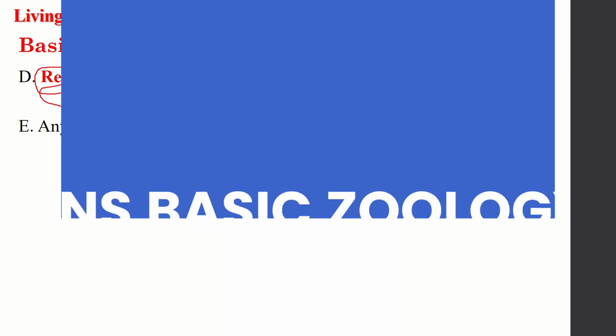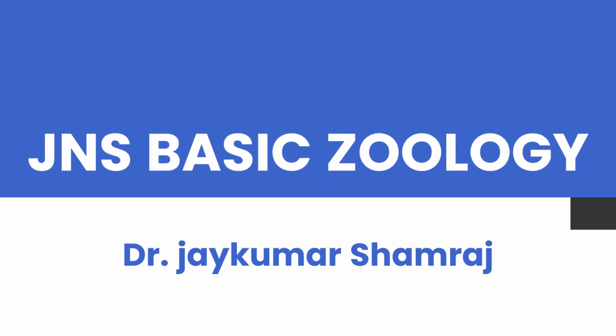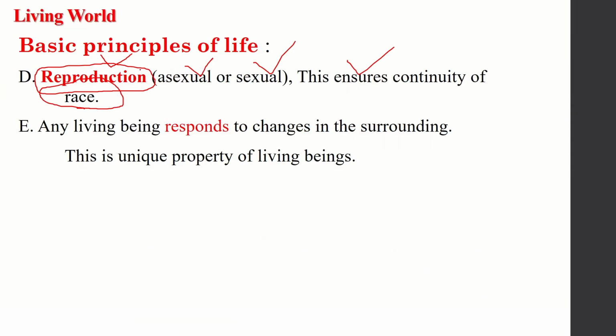The basic principle is that reproduction takes place in the organism. Reproduction is one of the characteristics of the living being, and any living being can reproduce up to the end of its lifespan.